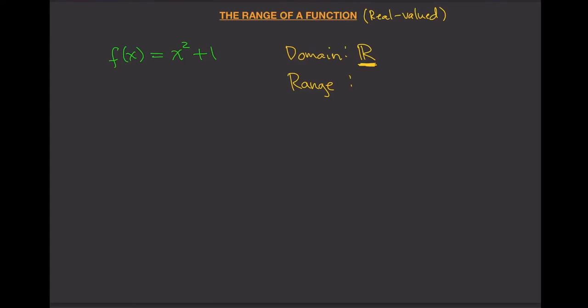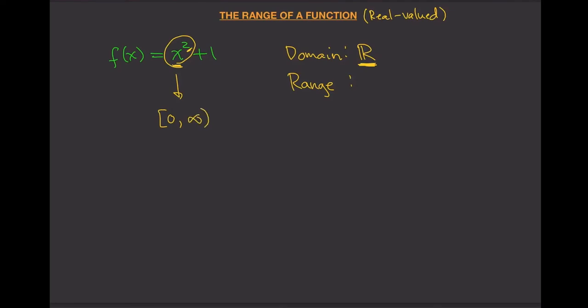We can just say that if you plug in a real number for x and then you square that number, you will only get a positive result, positive or 0, right? So that means that for this term right here, you will only get numbers from 0 to infinity.